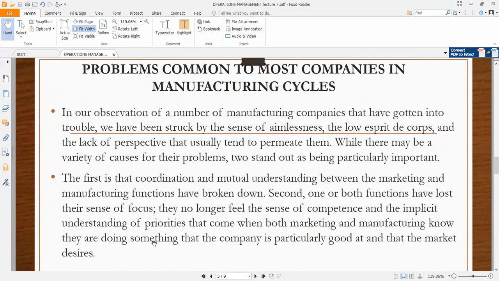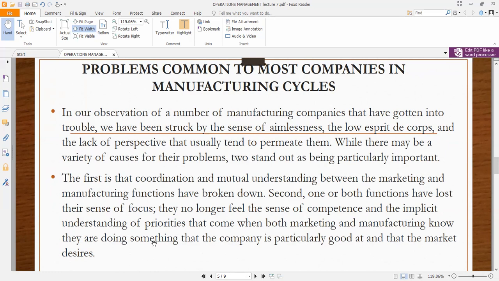Okay, how much power does the vehicle have? Now the manufacturing team talks about something else, and the marketing team is talking about something else. That is actually one of the problems. Certain companies do have problems in terms of coordination. There is literally no coordination between these two components, or these two processes.